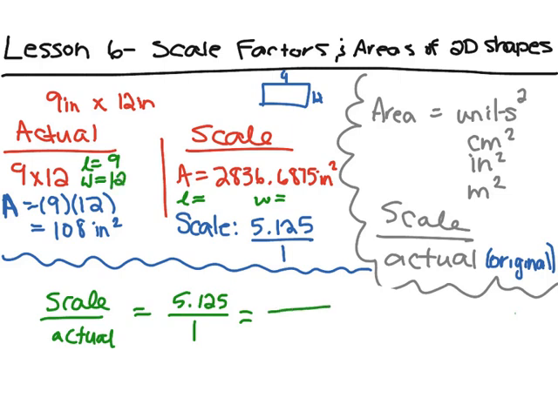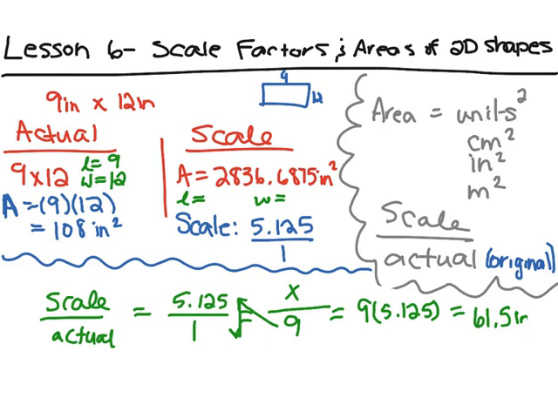Our actual size is 9 and we want to find the scale. So now we're going to cross multiply and divide. 9 times 5.125, and you get 61.5 inches. So that's the length of the projection.